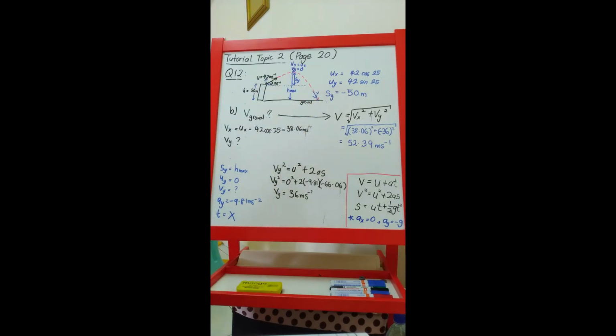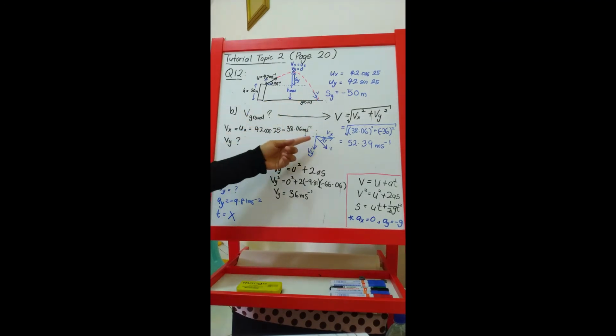If I would like to draw velocity somewhere here, we don't know whether it's the x component or y component because it has an angle. So we need to resolve it to x and y. So this is vx, and this is vy. So we need to find vx and vy.